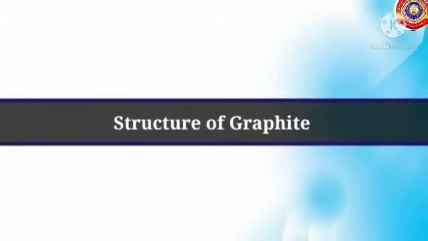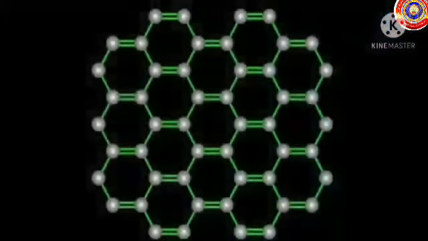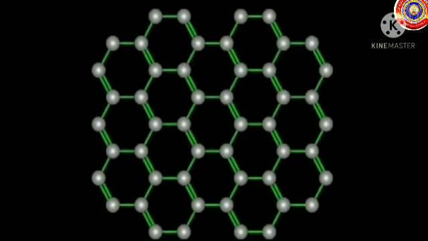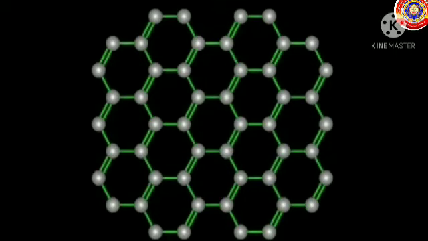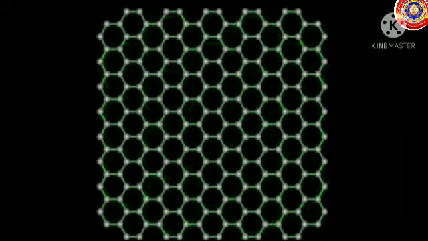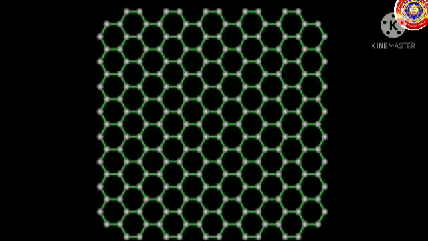Structure of graphite. In graphite, you can see each carbon atom is covalently bonded with the 3 surrounding carbon atoms and forms a sheet-like structure. Each layer is made up of hexagons. These sheets or layers are stacked one above the other to form a structure.